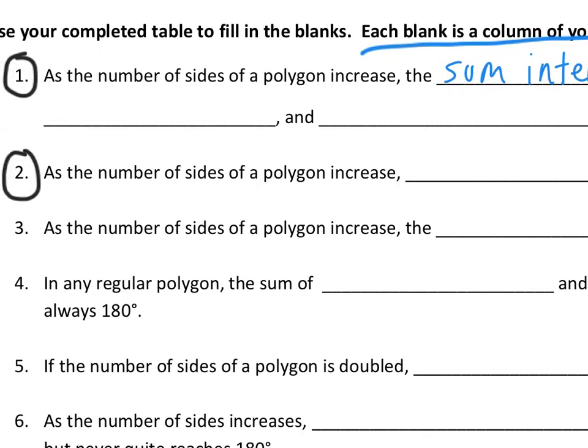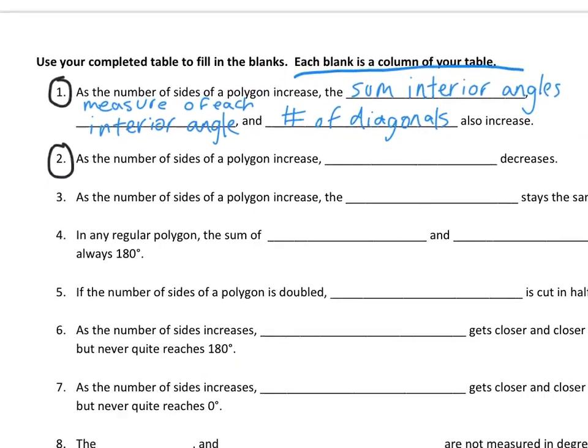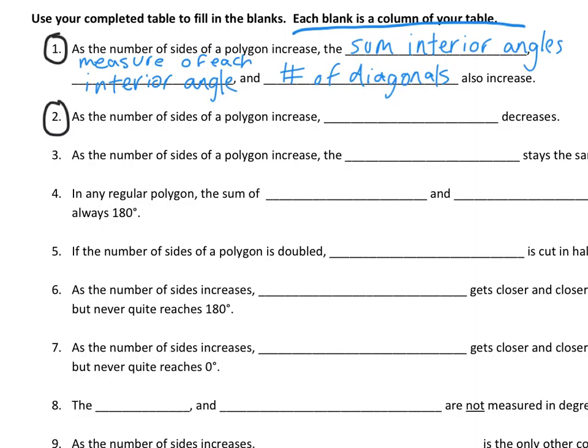The measure of each interior angle increases, and the number of diagonals increases. And as you fill out your entire table, you'll be able to see that occur as you move down.